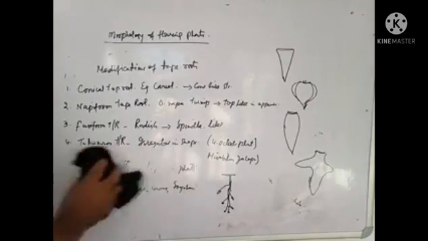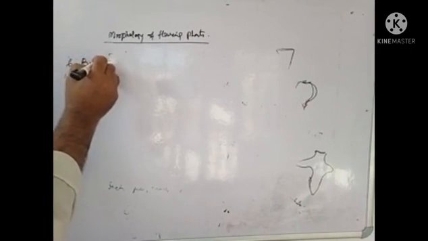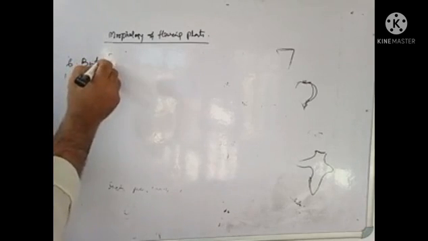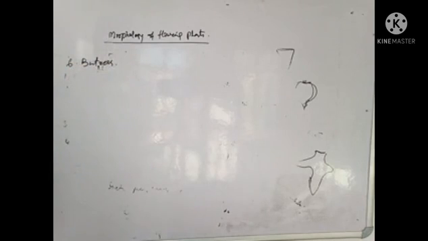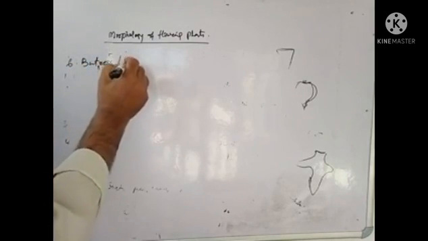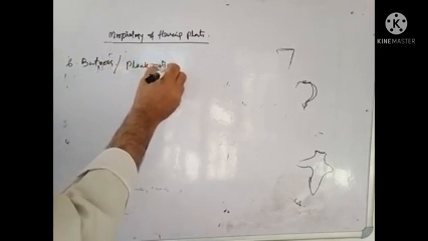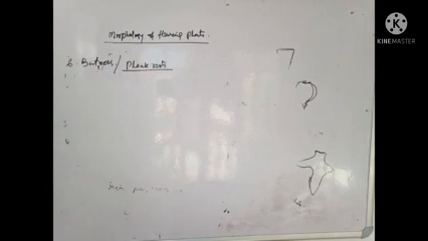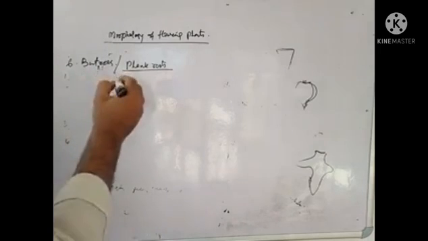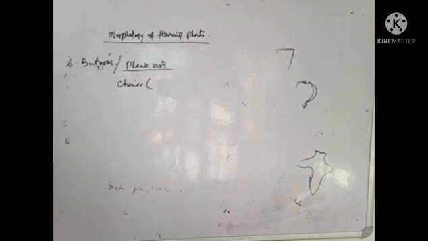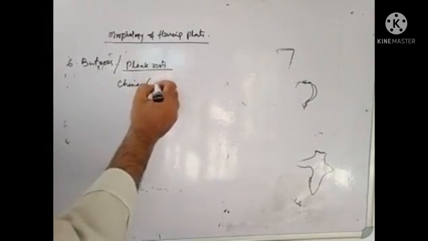One more modification, or we can write down plank roots. Plank roots. These are found in chinar, that is Platanus orientalis.